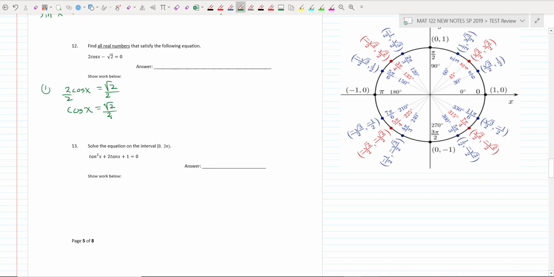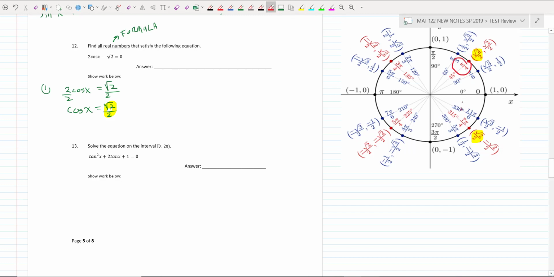Now what you're doing is finding all real number answers. If I say find all answers, then you're going to need a formula, so you're not just going to get a specific answer on a certain interval. We know the cosine is the x value on a unit circle. There are 2 places on a unit circle where the cosine takes on the value of positive root 2 over 2.